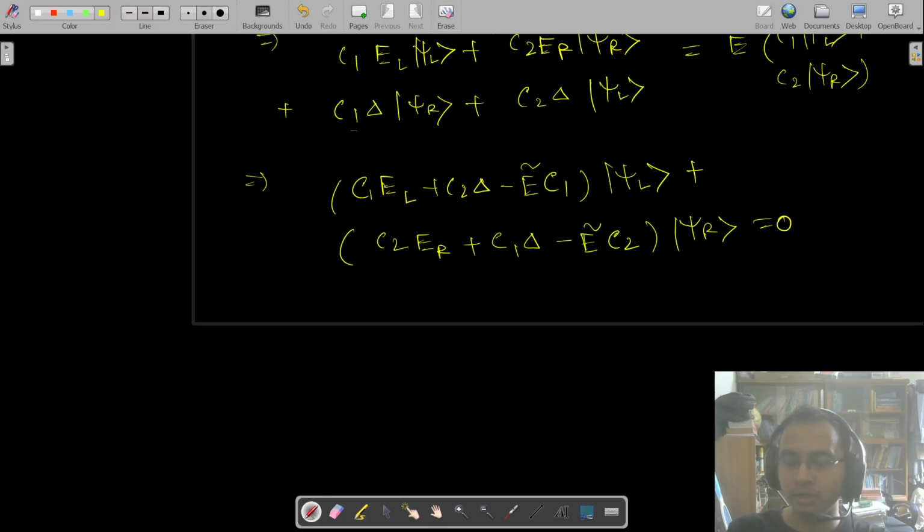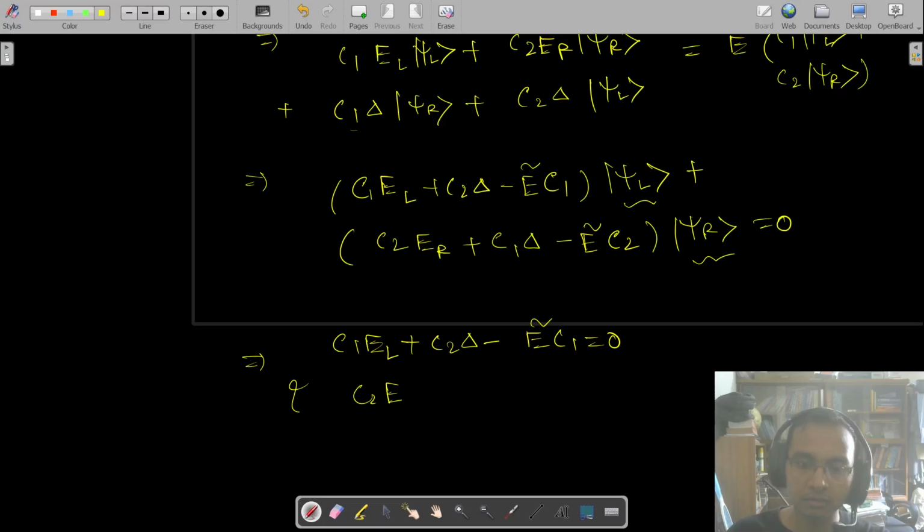Now the linear combination of psi L and psi R is 0, so the coefficients must be 0. That implies this thing is 0 and this thing is 0.